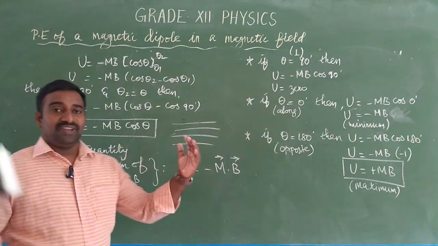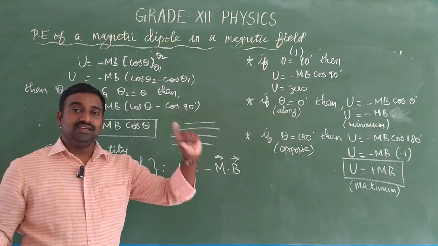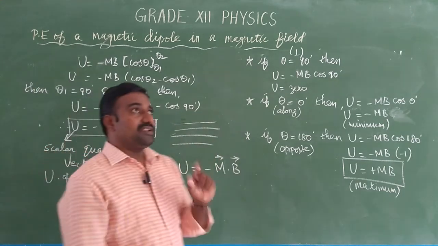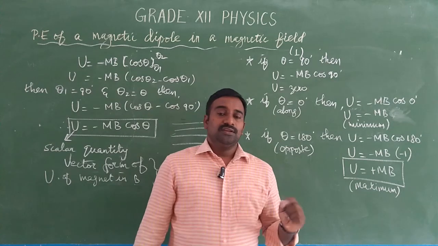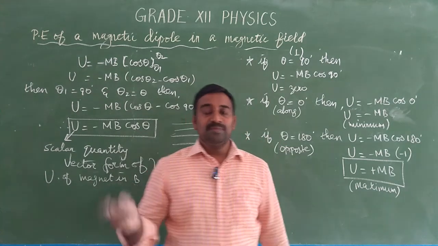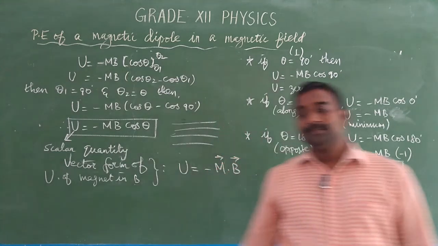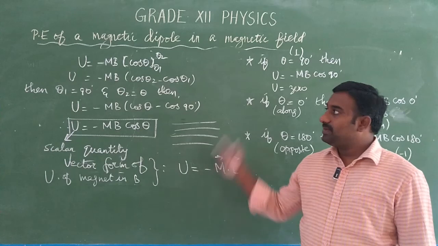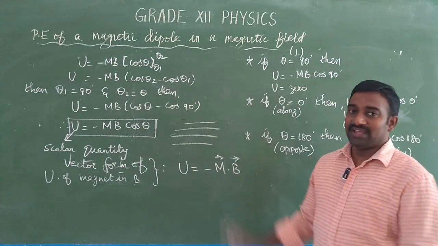So we are going to compare the electrostatic case and the magnetostatic case. The electric dipole moment, what is it? P is equal to Q into 2A. Here the magnetic dipole moment is equal to m into 2l. Okay. Similarly, the potential energy also varies. But however, the concept is the same. Okay.